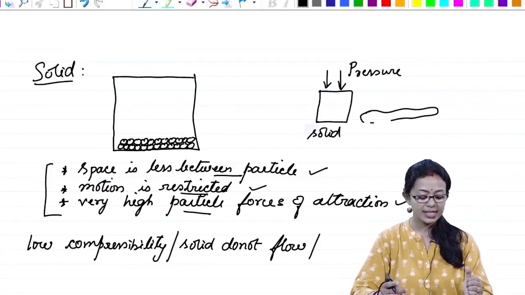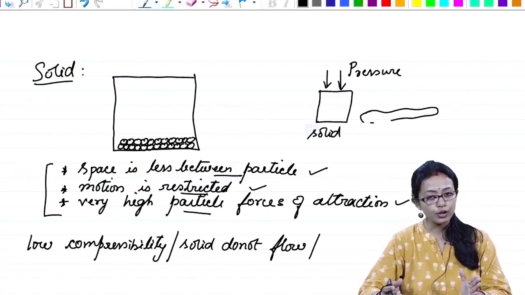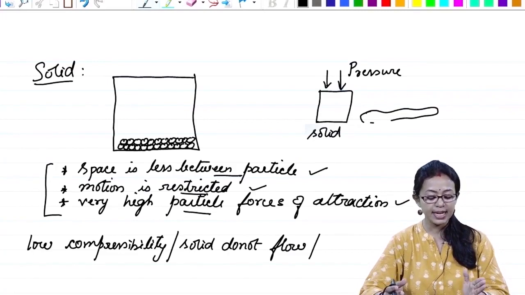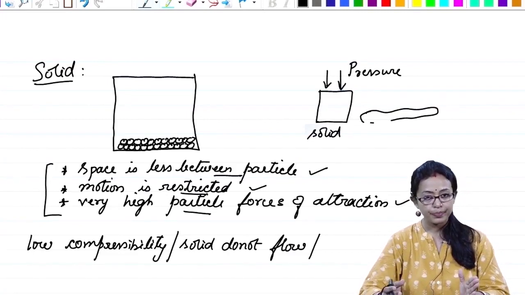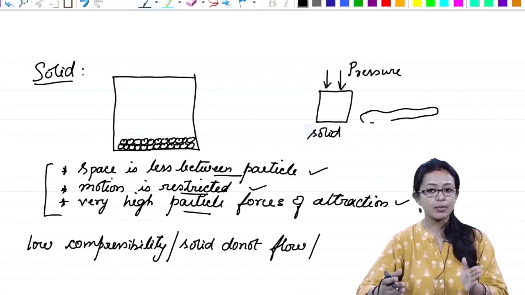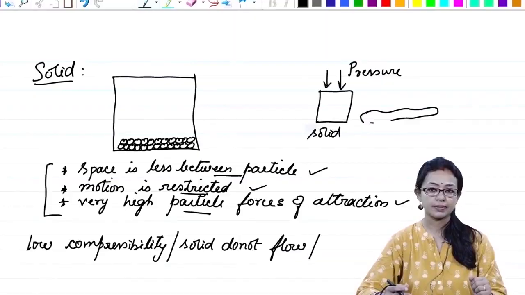Fine. So we had seen that solids have definite shape, definite volume, definite mass, very low compressibility, solids do not flow, and solids are rigid. Fine. So these are some of the properties that we see in case of solid.